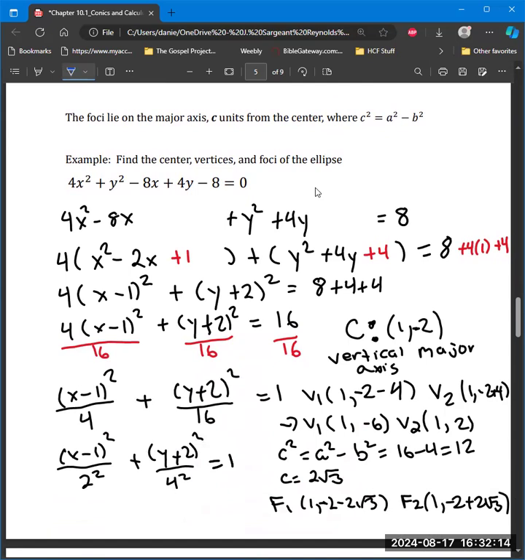And this is just a real good example of a general form of a generic conic section that looks like ax squared plus bx plus cy squared plus dy plus e equals 0, something like that.